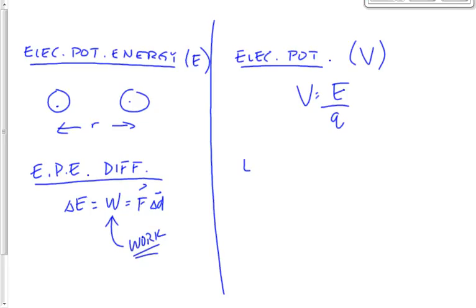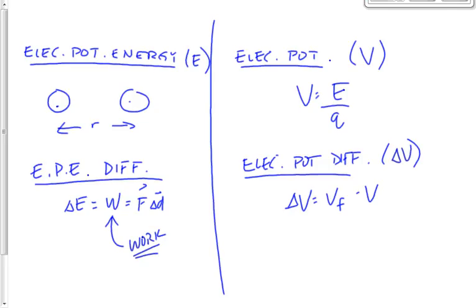Electric potential difference is delta V, because of course if potential is V, then potential difference would be delta V. And we can find that by saying VF minus VI, because any difference is final minus initial, right? But we can also find that by saying delta E over Q, right? It's final minus initial energy over the charge.